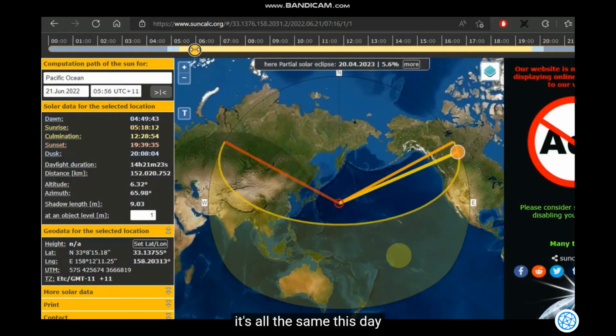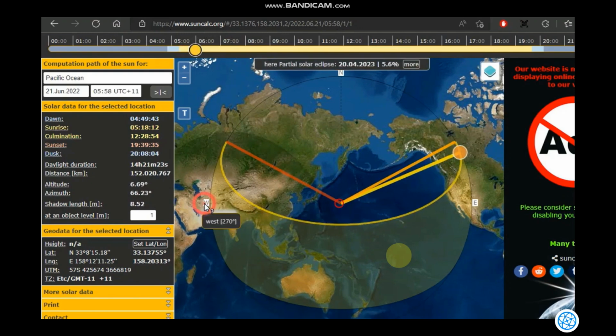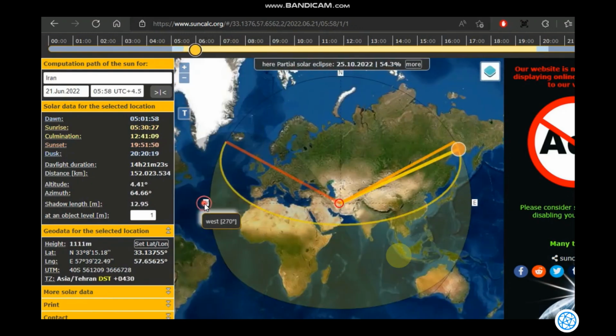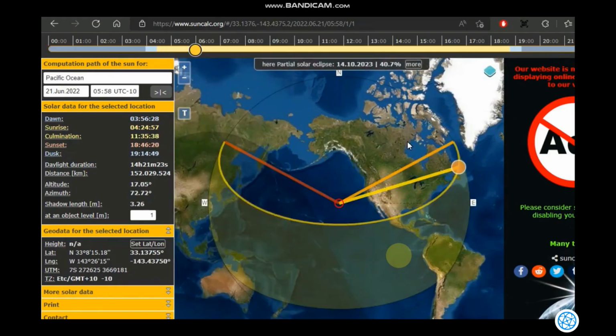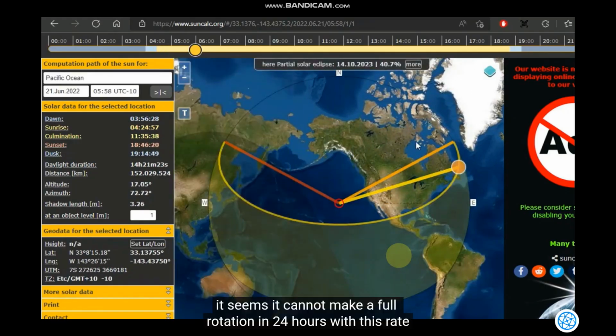It's all the same this day. It seems it cannot make a full rotation in 24 hours with this rate.